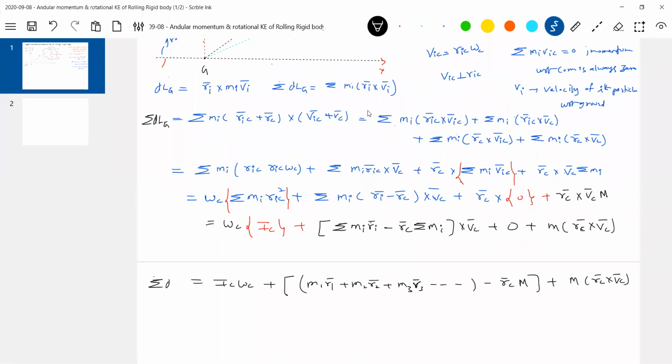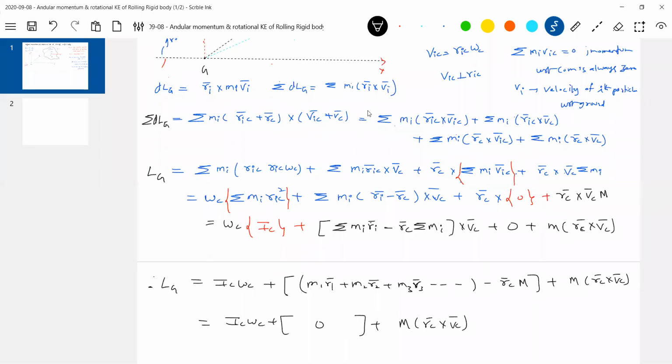The next step, let me write LG. This will be IC omega C. So this should be 0, again. Sir, I want the sign.